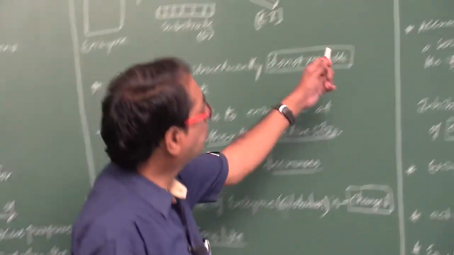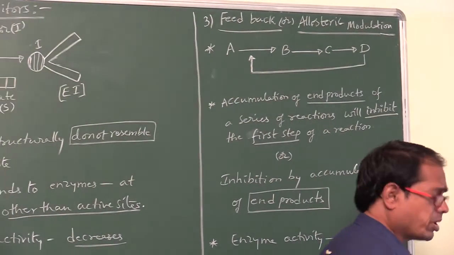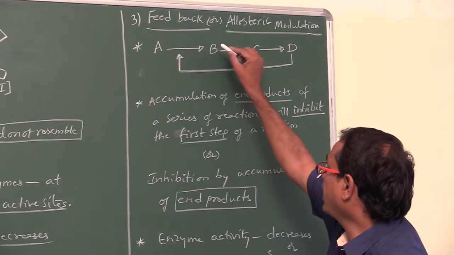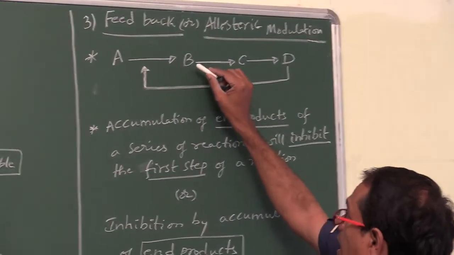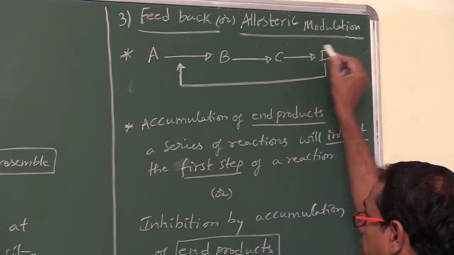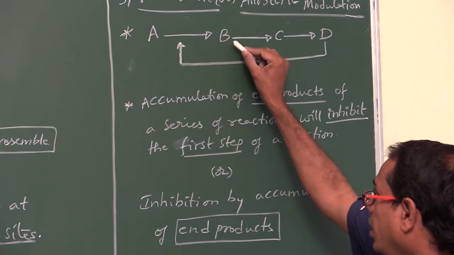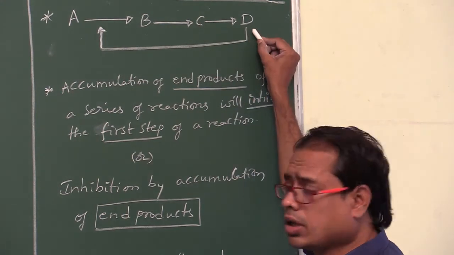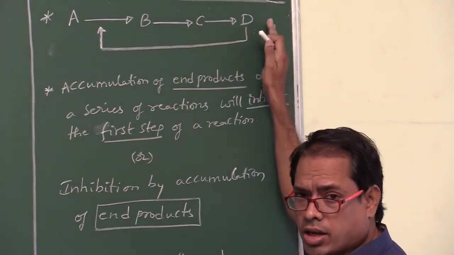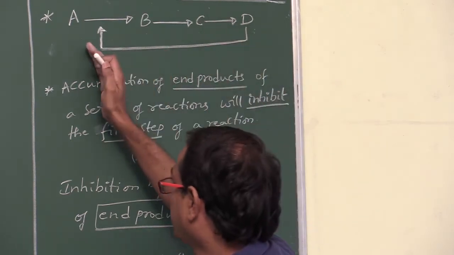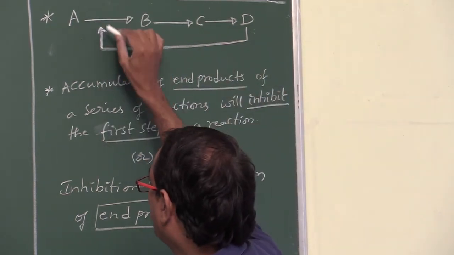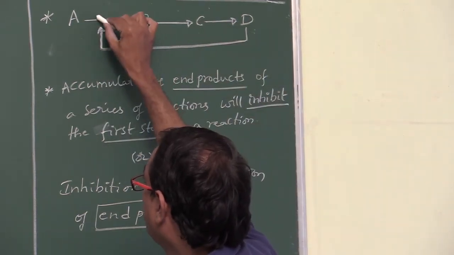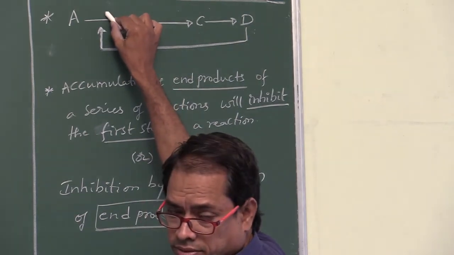Next one, the third one, feedback inhibition, or allosteric modulation. A gives rise to B, B gives rise to C, C gives rise to D. So this is the end product. This end product comes back and inhibits by attaching to the enzyme of the first reaction.